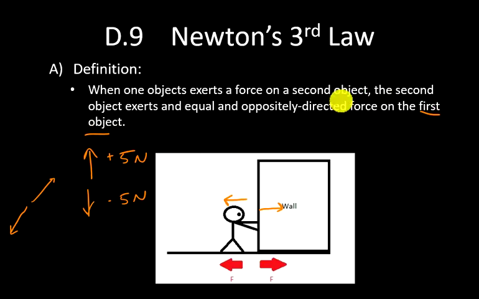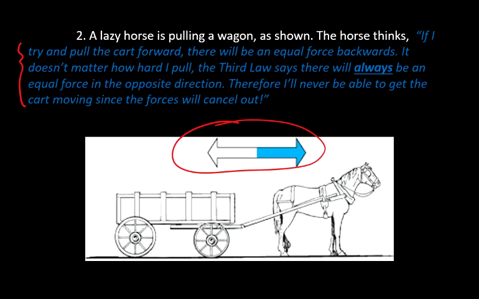objects. When one object applies a force on a second, the second applies a force on the first. Really, this should be drawn like this. The horse applies a force on the cart, and the cart applies a force on the horse.